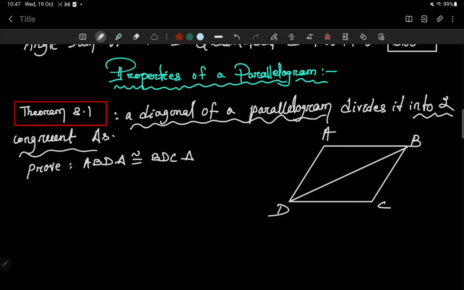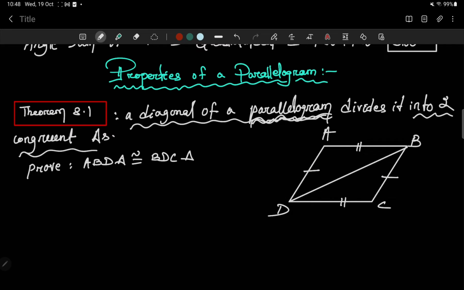Before solving this, we have to think of our given data. What is our given data? The figure is a parallelogram. In a parallelogram, we know that opposite sides are the same. So this is equal to this, and this is equal to this.